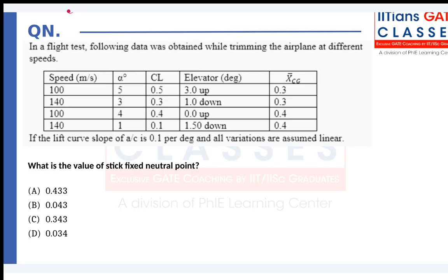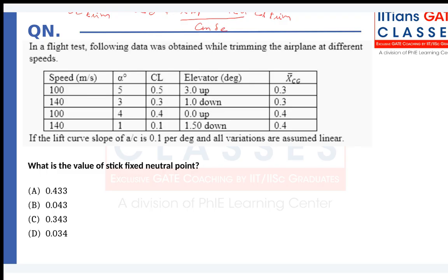Delta E trim is delta E naught plus x bar np minus x bar cg, which is nothing but the static margin, by cm delta E into cl trim. I'm writing it in this form because they've asked us for x bar np, the stick fixed neutral point.